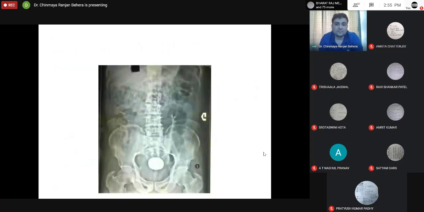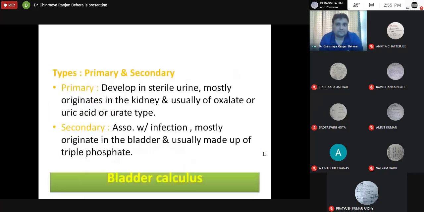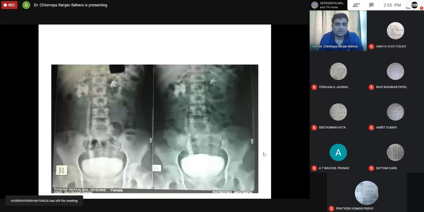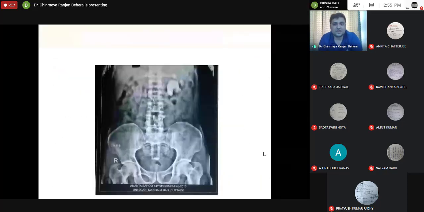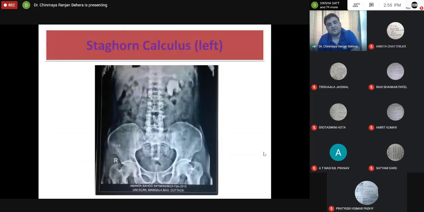This is a bladder stone or vesical calculus. This is a normal IVP, that is intravenous pyelogram. This is a case of a staghorn calculus on the left side.